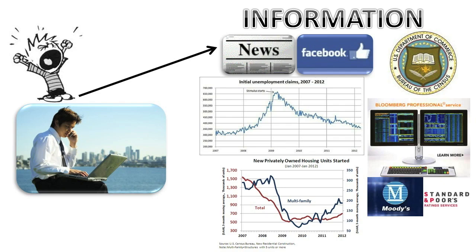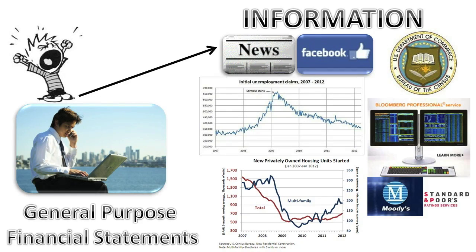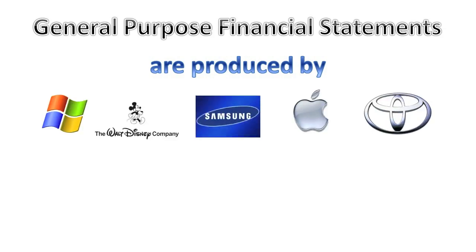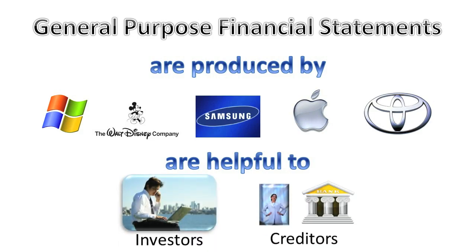Still other information comes in pre-specified formats, such as the general-purpose financial statements. The general-purpose financial statements are produced directly by the companies themselves. When properly analyzed, general-purpose financial statements can be extremely helpful to investors and creditors when making investing and lending decisions.